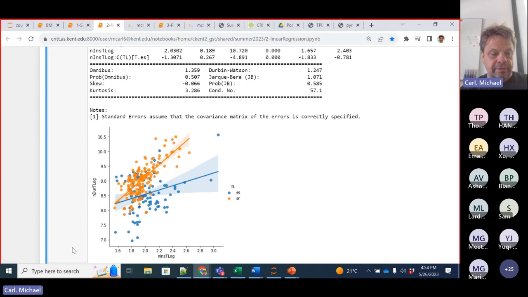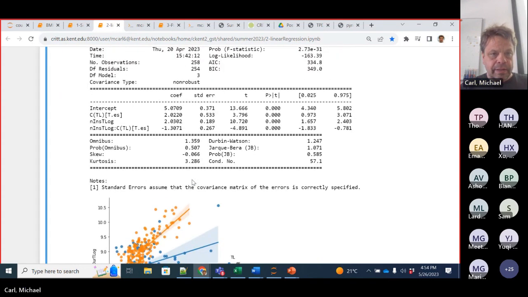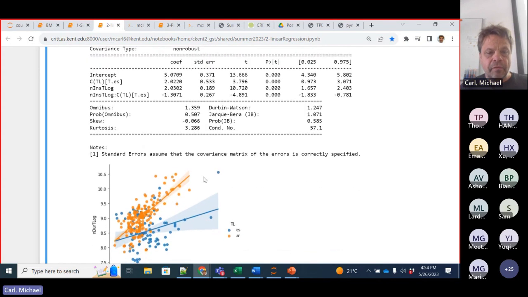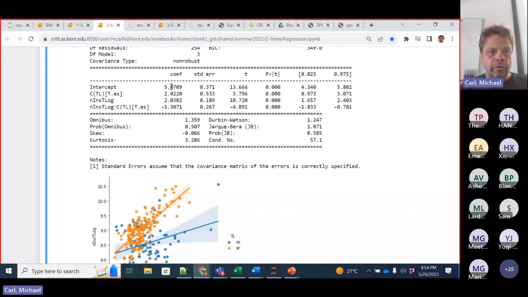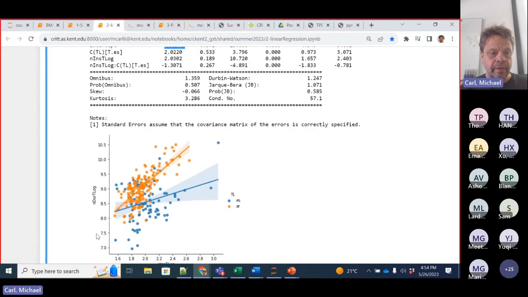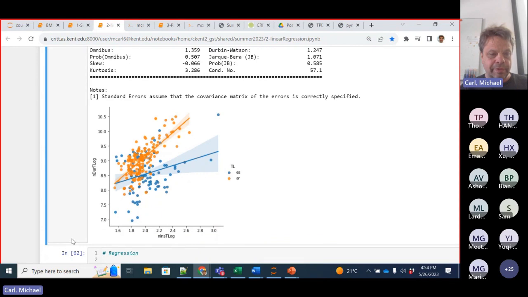The zero axis would be somewhere here, and if you continue this line, if we follow this yellow line, this would cross the zero line at 5.07, which would be somewhere down here.